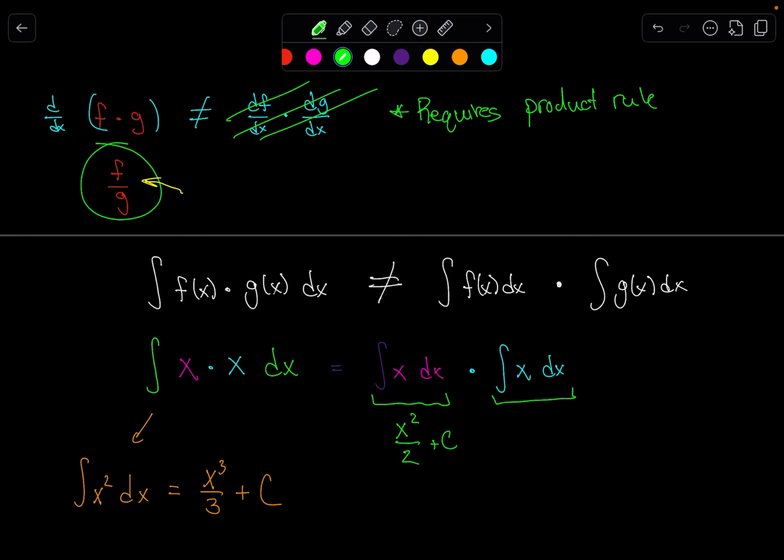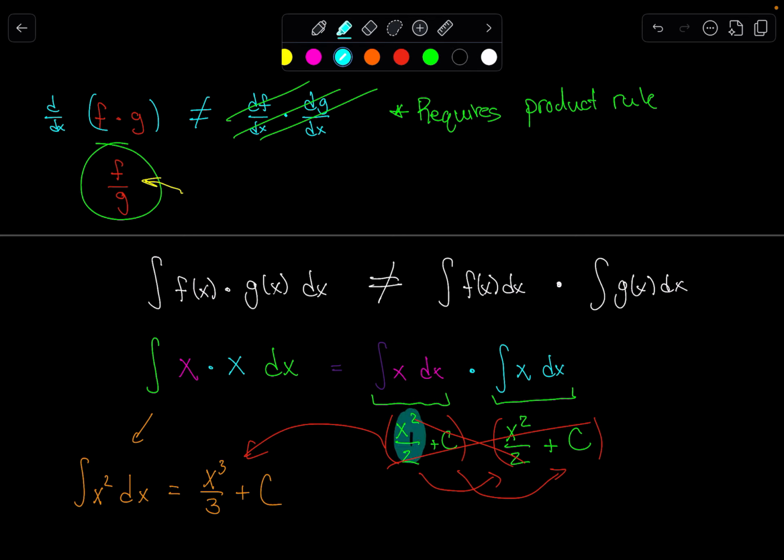Hopefully you can see that if I take these answers and multiply them together, I'd have to do foiling, we'd have to distribute this properly. We're not going to get this answer. The dead giveaway is the fact I'm going to have an x squared multiplied by an x squared, which is going to give me an x to the fourth. And that right off the bat is your big red flag that clearly these are not the same.